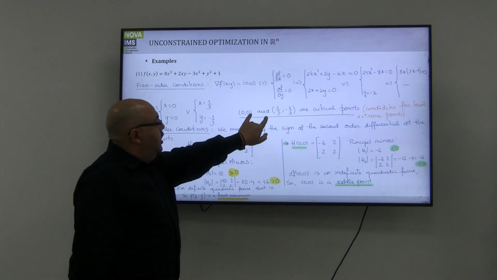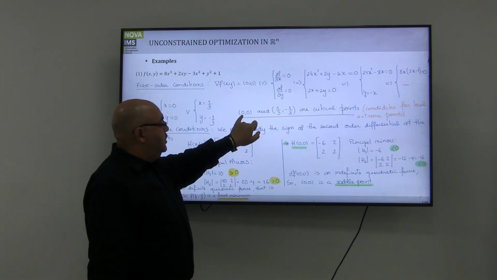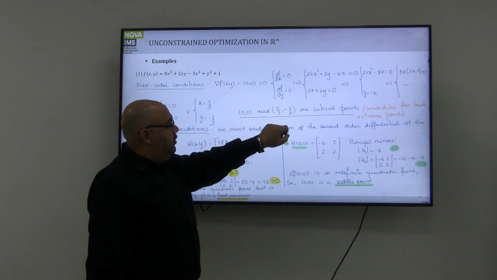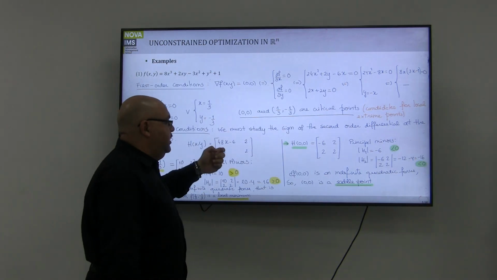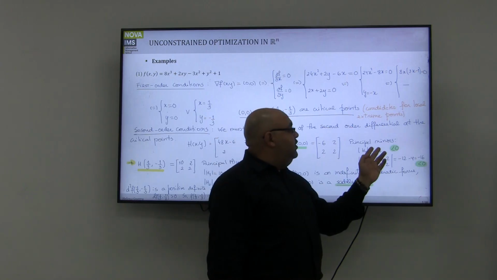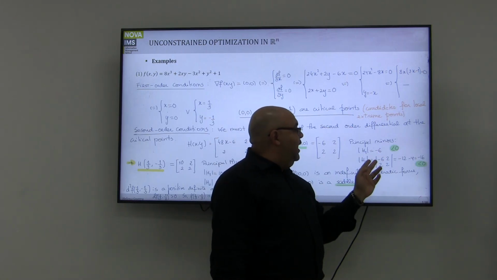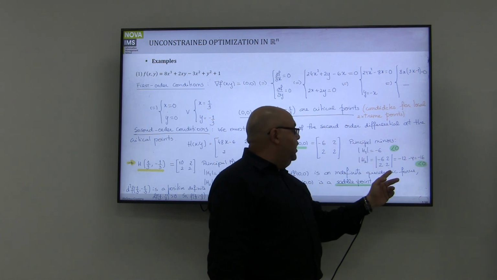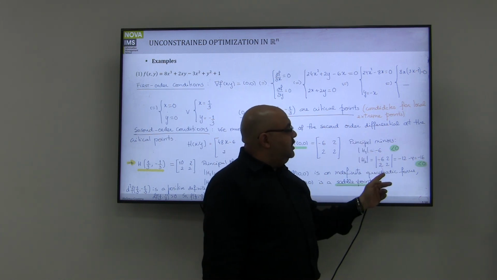You have 2 points, either 0 and 0, or 1/3 and negative 1/3. Get your Hessian matrix, start substituting. In this case, the odd is negative and the even is negative, and so this point is a saddle point because the rule doesn't apply.